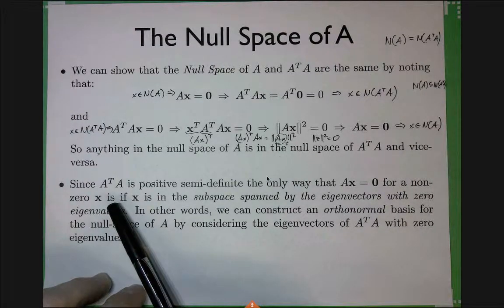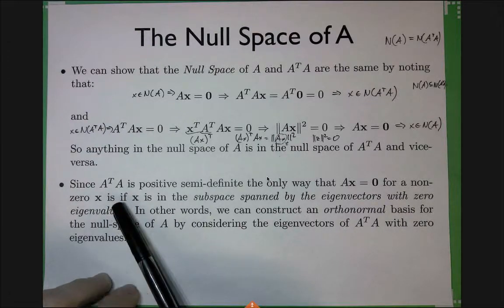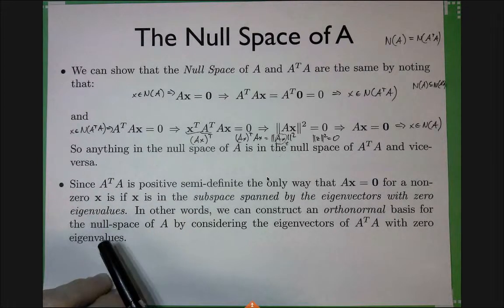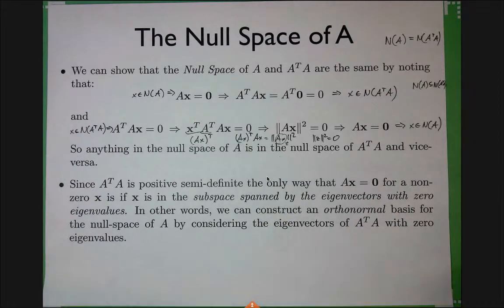And that is fairly simple. Think about that. If we did the eigendecomposition on AᵀA, what will be the vectors forming an orthonormal basis for the null space of AᵀA? It's written here, but it's probably better to think about it.